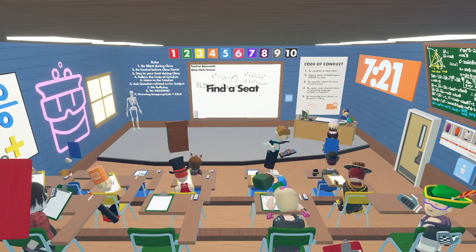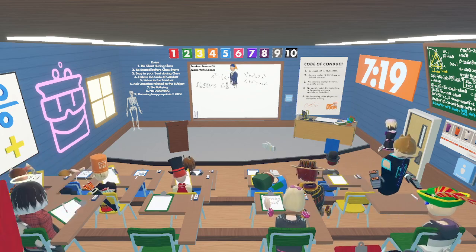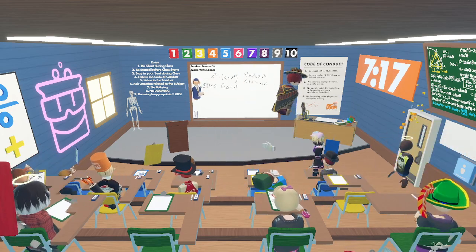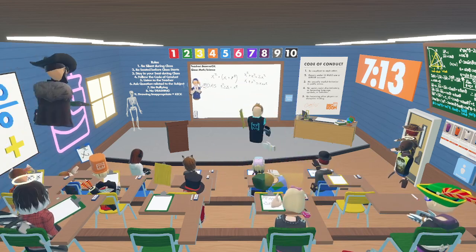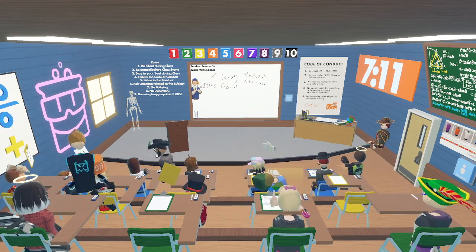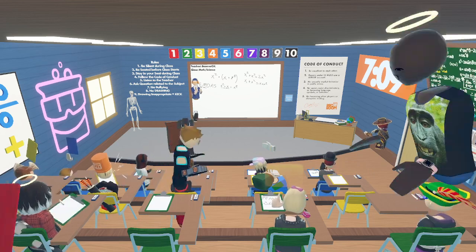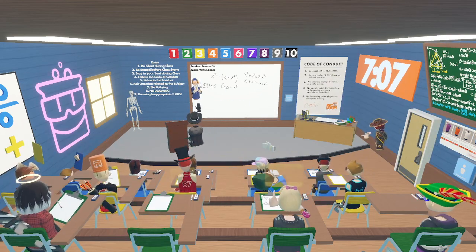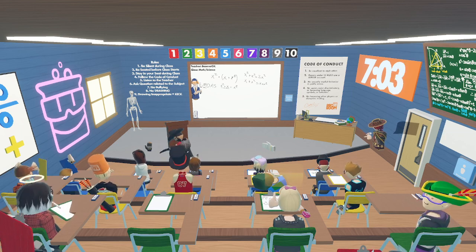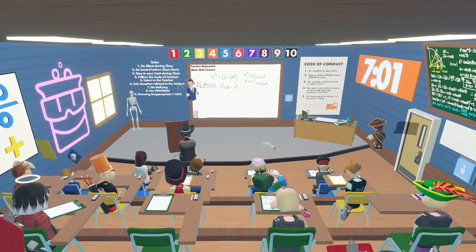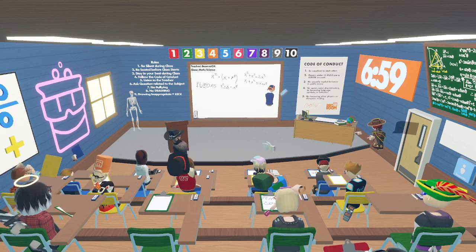Good grief. When you're multiplying variables together, you add the exponents. That's what I wrote. Does that make sense? Why is it so confusing? Can you not grab? Oh, yeah, you can grab. Don't worry about it.